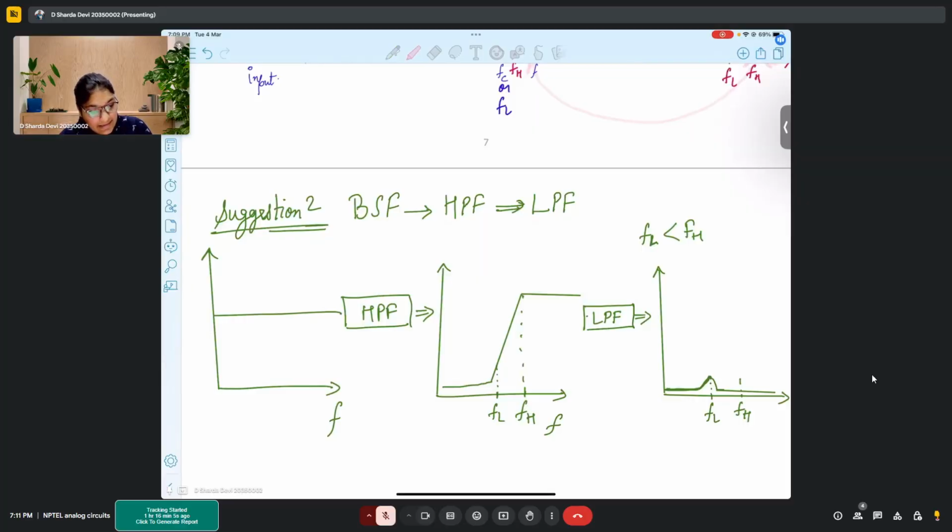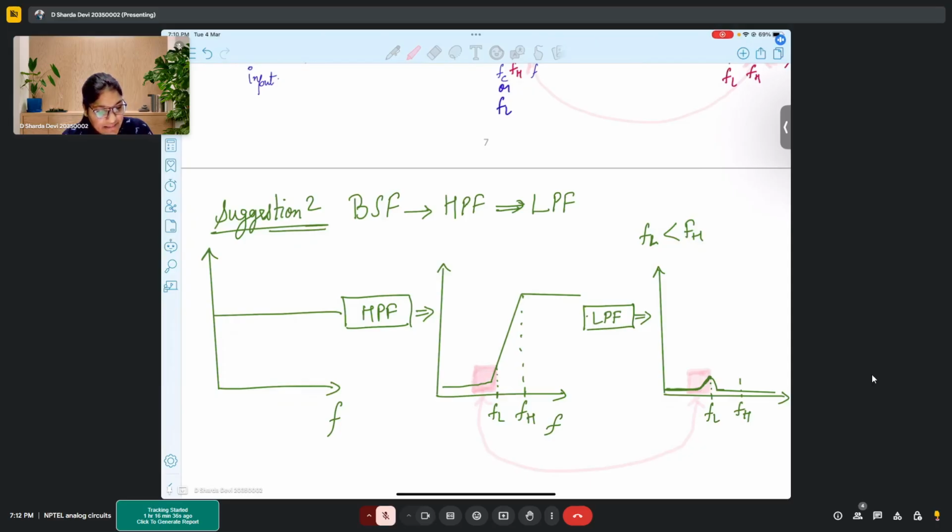So here again, if I have to highlight, so this is same as this. So again, do you see the behavior of a band stop filter? Yes. Similar analysis, right?